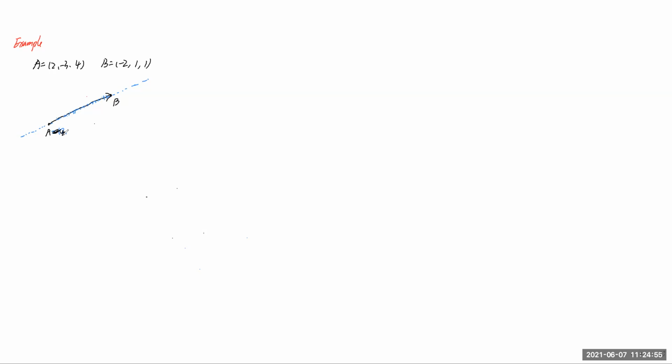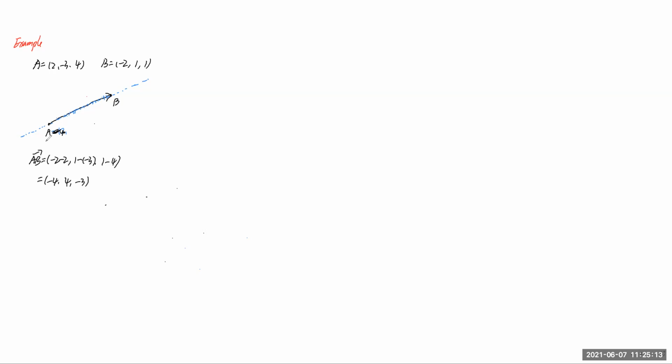So how do we find it? You just compute AB as -2 minus 2, 1 minus -3, 1 minus 4. So we get -4, 4, -3.